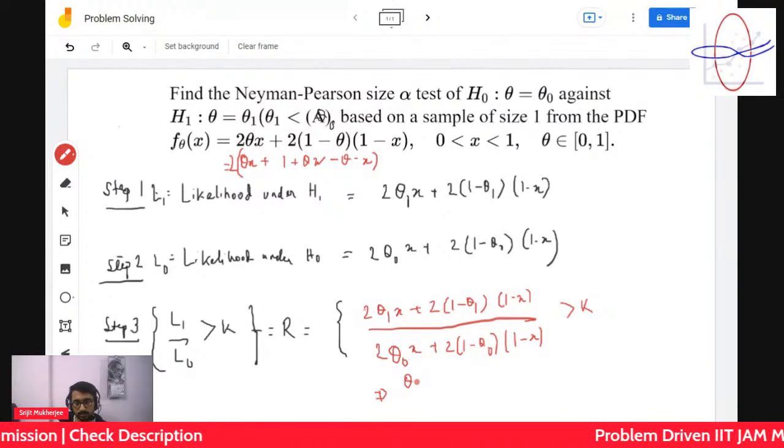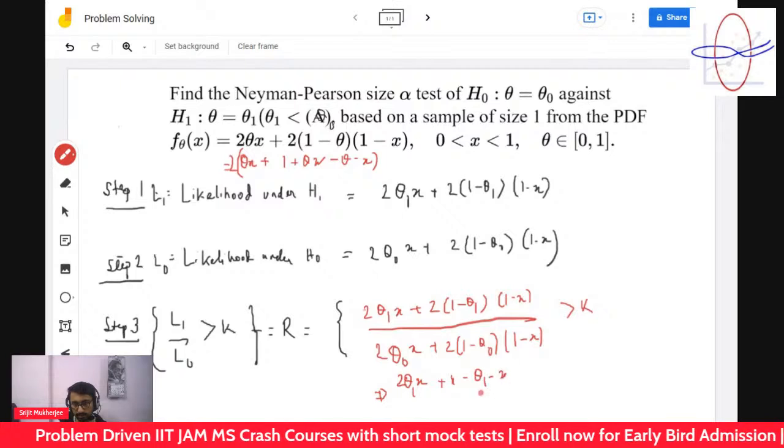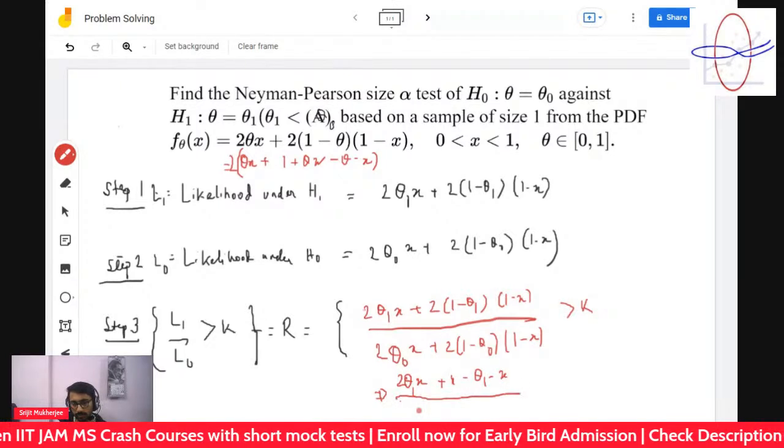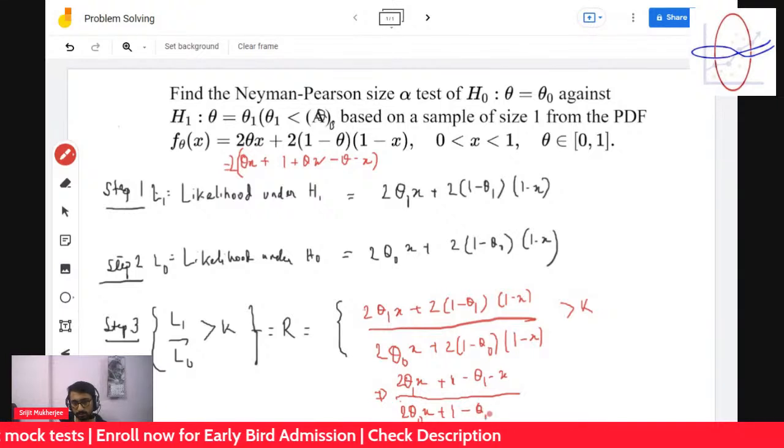So it's twice theta 1 x plus 1 minus theta 1 minus x, by twice theta naught x plus 1 minus theta naught minus x, is greater than k.